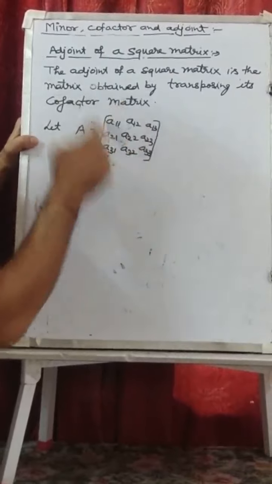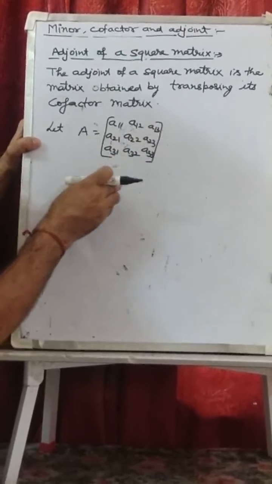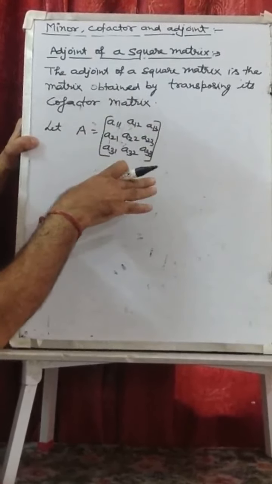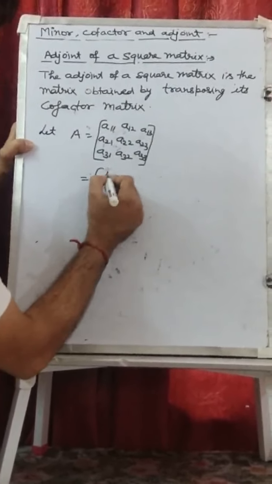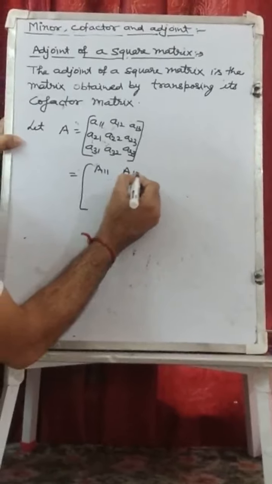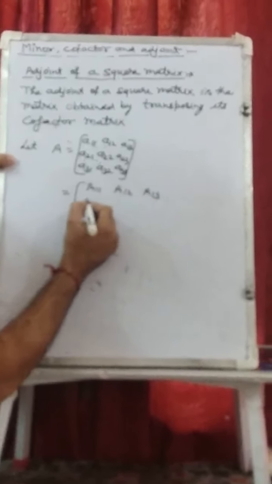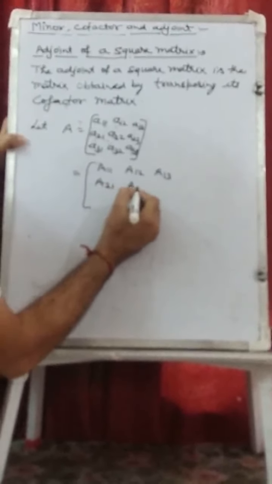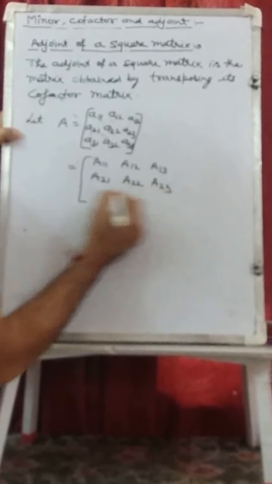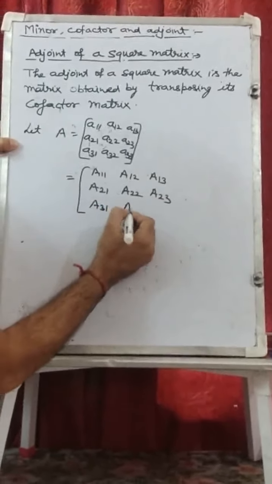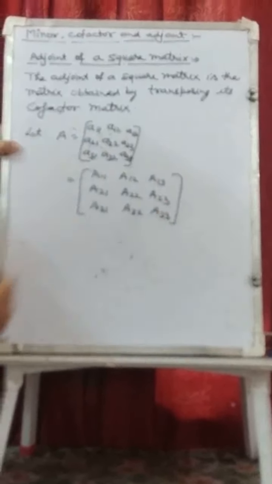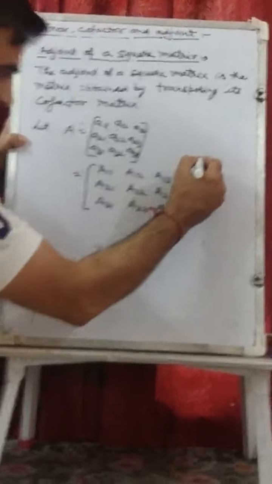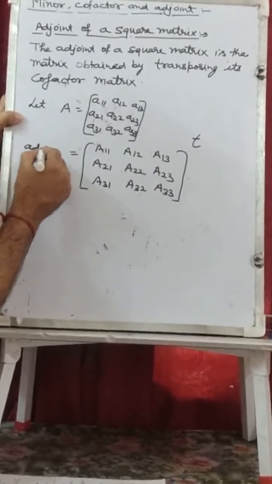Then first we will find the cofactors of all these elements and we will write them in the form of a cofactor matrix: A11, A12, A13, A21, A22, A23, A31, A32, A33. This is the cofactor matrix. And if we take its transpose, then it will become adjoint of it.